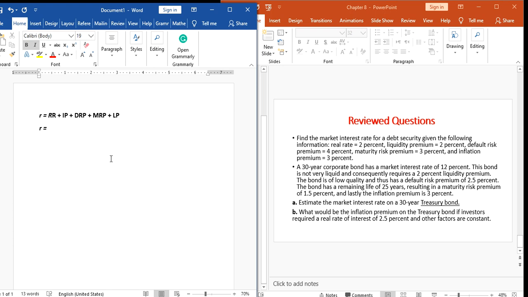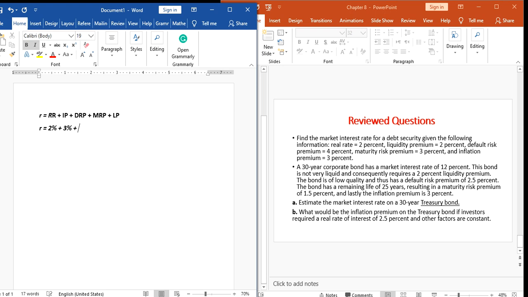R equals the real rate of interest, which is 2%, plus the inflation premium, which is 3%.